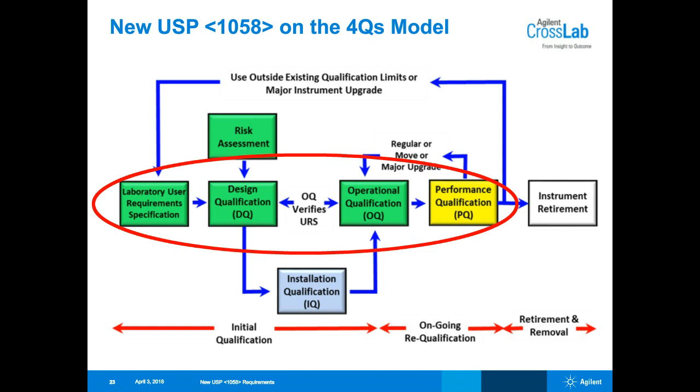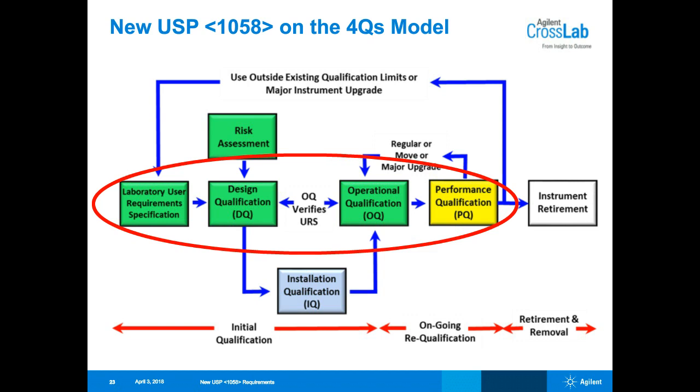I want to focus around the heart of the 4Qs model, but also include the user requirement specification that is now explicitly in 1058, because this equates to 21 CFR 211.63 under the GMPs from the FDA, where you have to define the intended use of your instrument.